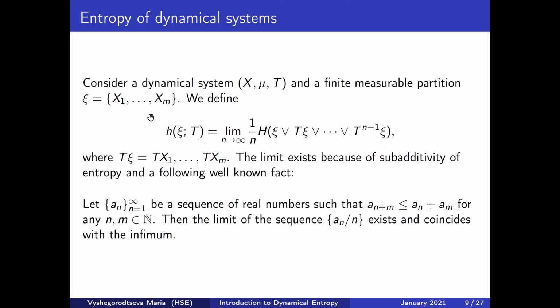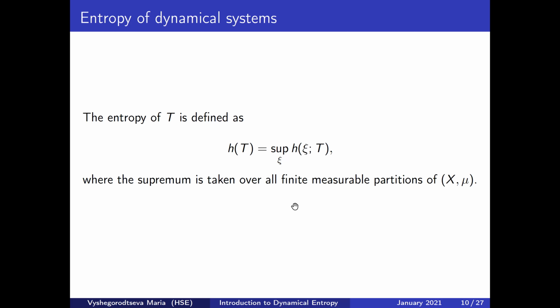This is why this limit always exists, and the definition of entropy of a dynamical system is correct. Next, we would like to define the entropy of T as a supremum taken over all finite measurable partitions of X, mu. But unfortunately, this is not the greatest way to define entropy, because it is not very practical to compute this supremum. Therefore, we would like to define it in another way.